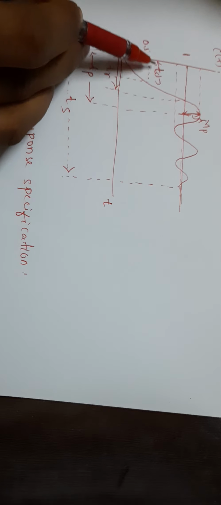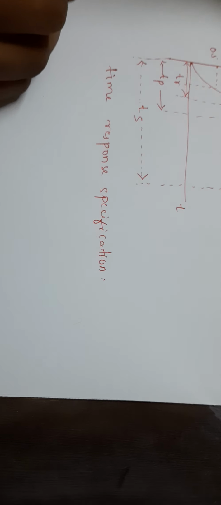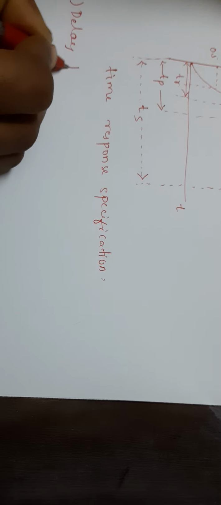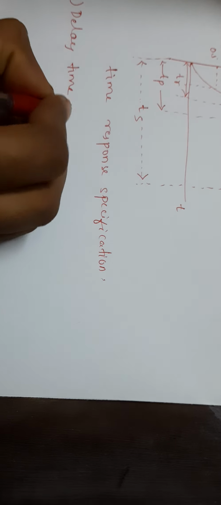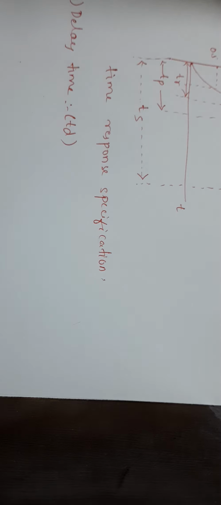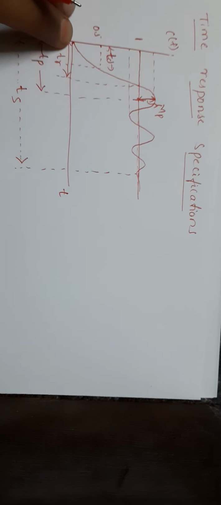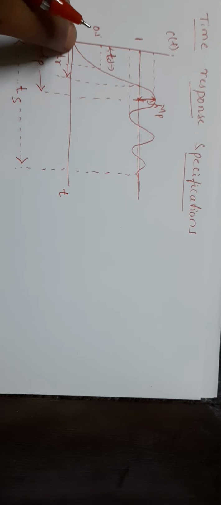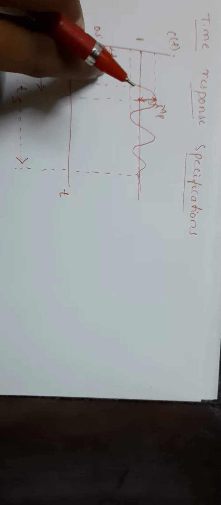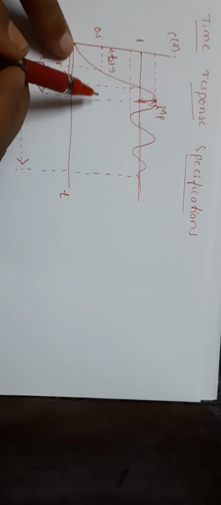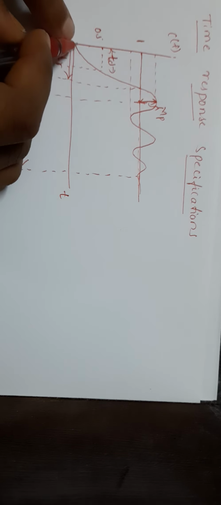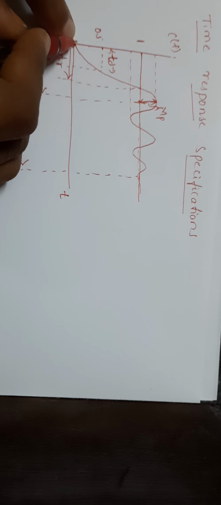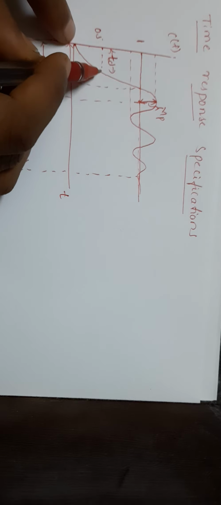First we will study what is td. That is delay time. Delay time is the time required for the response to reach from 0 to 50% of the final value.